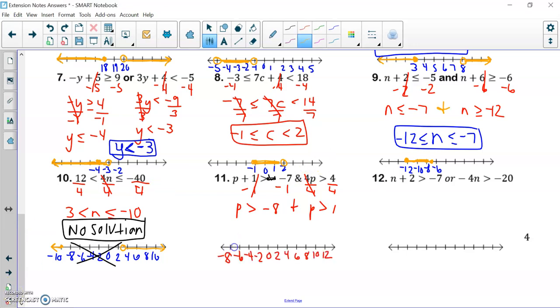I have an open dot at negative 8 and I'm shading the greater than, so all the way this way, and an open dot at 1 and a greater than, so I'm shading this way. Since it's an and, we want the intersected shaded regions, which would actually just be p is greater than 1. So that's your answer. So your answer isn't a compound inequality, it's just this.